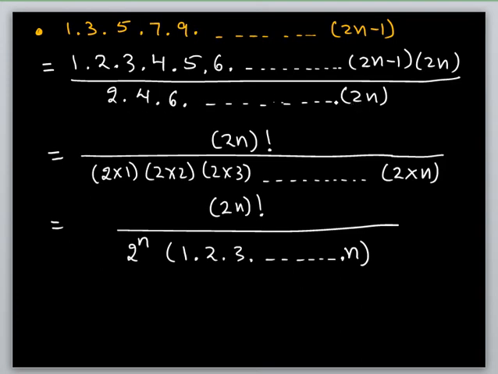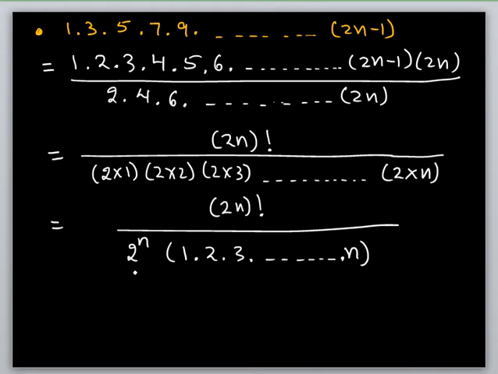Now when we look at all these very carefully, we see they all can be written as multiple of 2. 2 is 2 into 1, 4 is 2 into 2, 6 is 2 into 3, 2n is 2 into n. So if you see, these are n numbers getting multiplied and each is a multiple of 2. So if I separate this 2 from each of the product, then how many times are we multiplying these 2s?